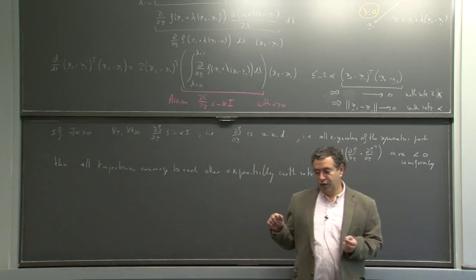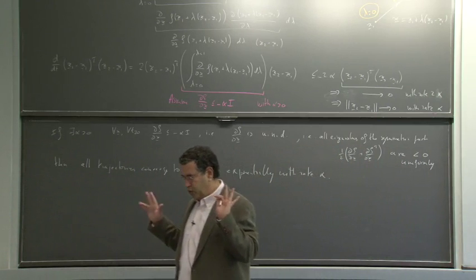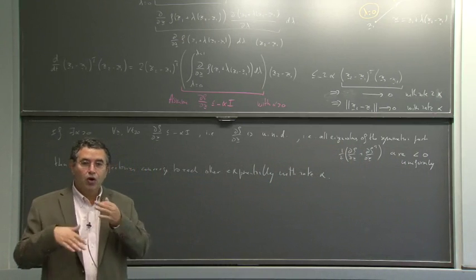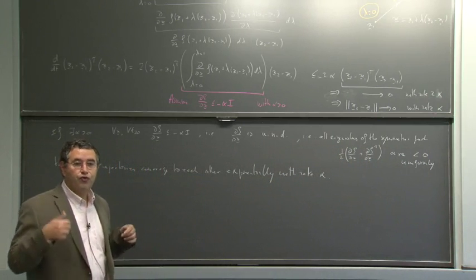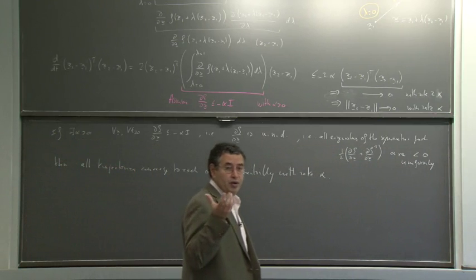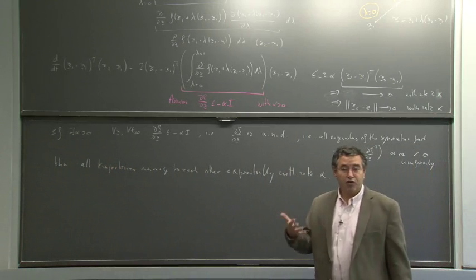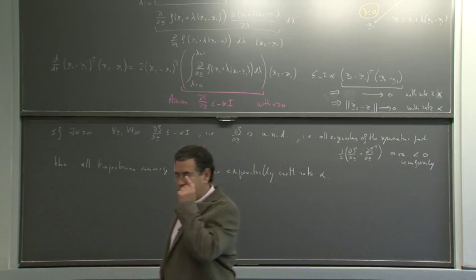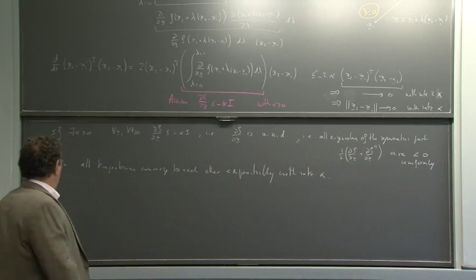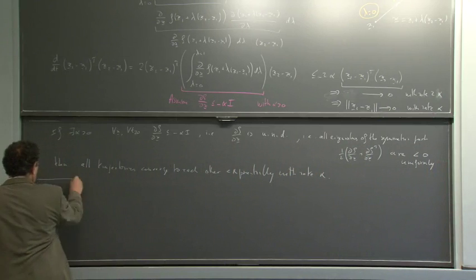Remember when we talked about linear time-varying systems, we gave a condition for them to tend to 0, which was very similar to this, saying the symmetric part of df over dx. Okay, so let's just give a little example.